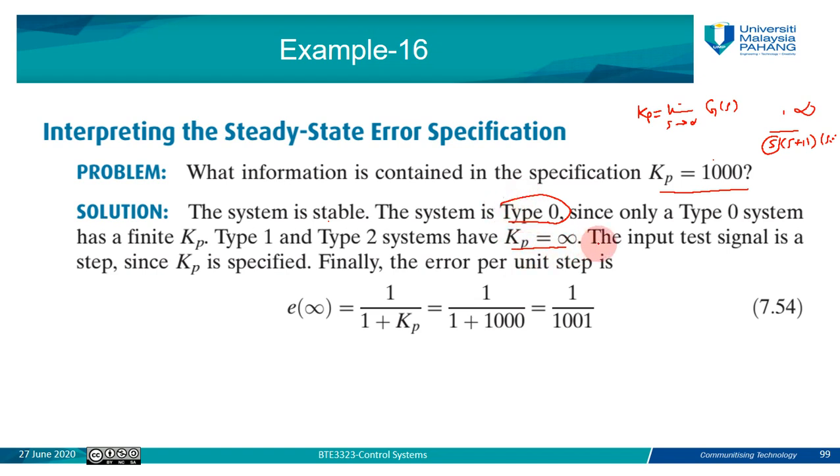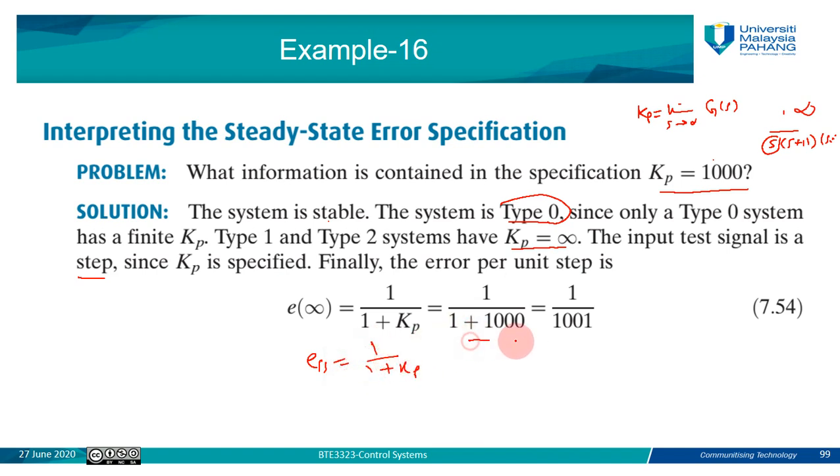Okay. Then the input test signal is the step function, as we said, because the step function is used to test the system or the application which is based on constant position. Then we have the value of the error, ESS, equal to 1 over 1 plus Kp.